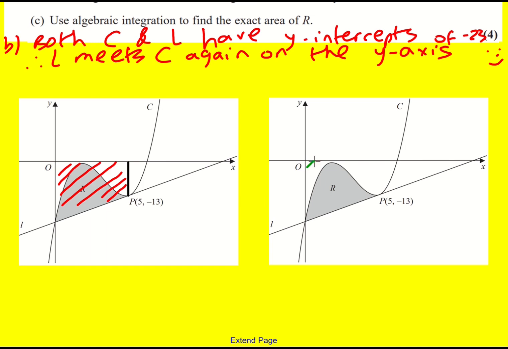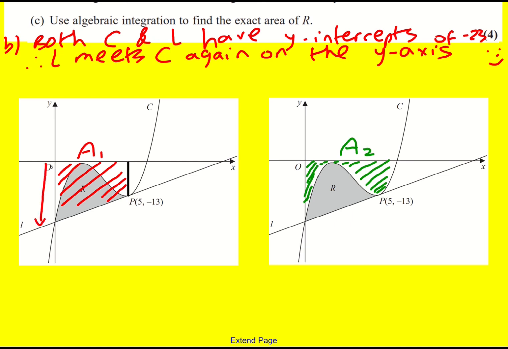And then I can integrate under the curve, which will actually give me this bit here, and then subtract them. So area 1 and area 2. Just be careful, because if you integrate, you're going to get a negative value, so we just have to deal with that. The trapezium will be okay.